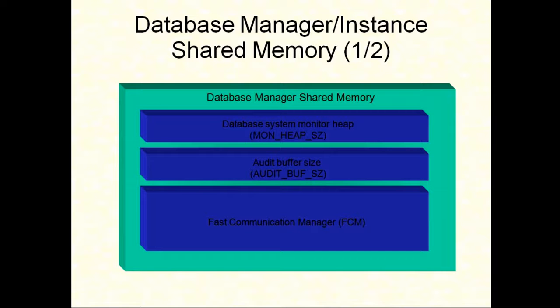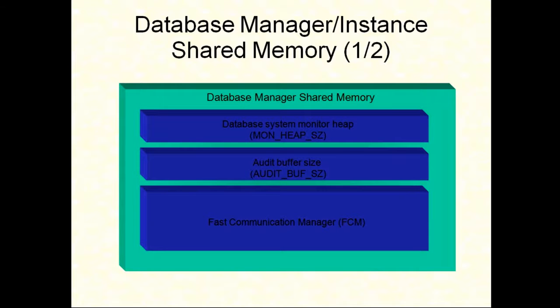Before you can monitor your database, you need to provide some memory to this parameter, and this parameter is configurable online. That means you do not need to bring your database down. You just update this parameter and DB2 will allocate the memory as required.